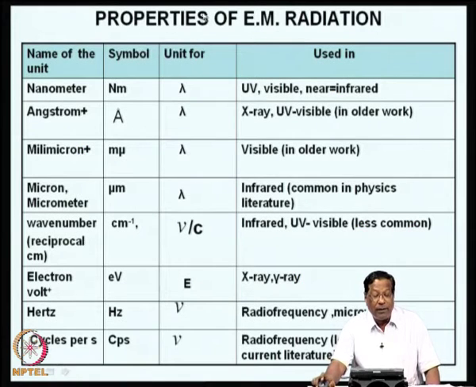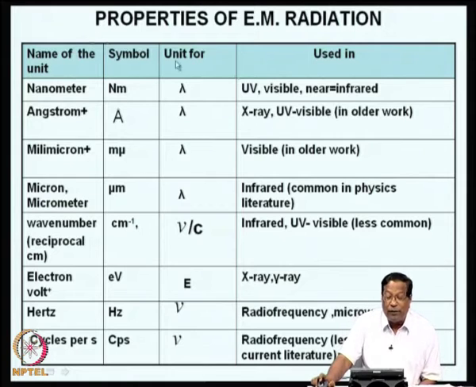velocity of light. Now, we have talked of so many properties of electromagnetic radiation. Let us take a look at the units, because these are the units we will be talking about quite frequently. Here it is nanometer, its symbol is nm, and it is a unit for wavelength. This nanometer is used in ultraviolet, visible and near infrared regions.